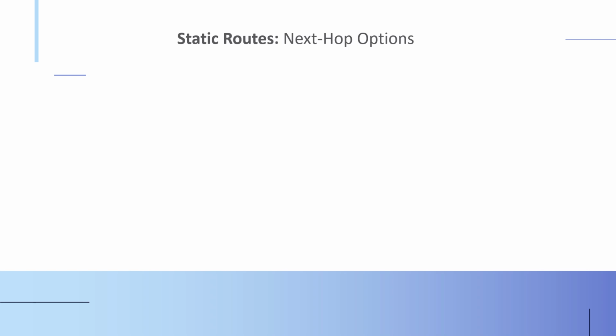When configuring a static route, the next hop can be identified by an IP address, an exit interface, or both. How the destination is specified creates one of these types of static route. We have the next hop route, where only the next hop IP address is specified.